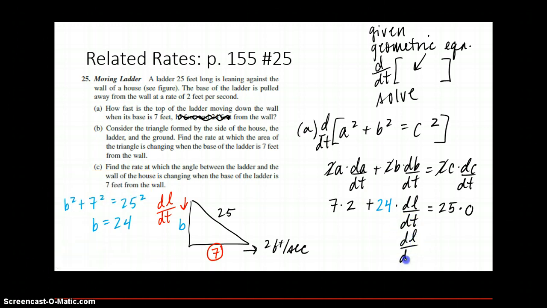Now let's solve this for the rate of change of the ladder. This gives me 0, so we would subtract 14 from both sides and then divide by 24. Both of these reduce. So negative 7/12 would be the rate of change of the ladder. It makes sense that the rate's negative because the ladder's sliding down the wall. The length is getting shorter, so the rate would be negative.